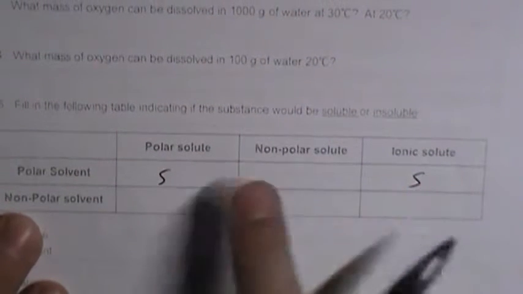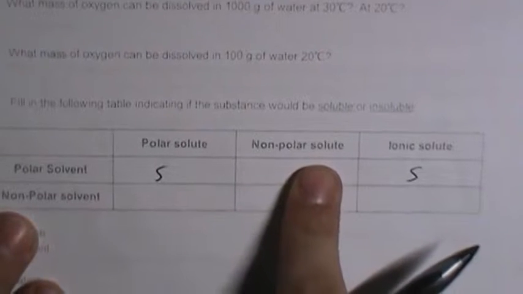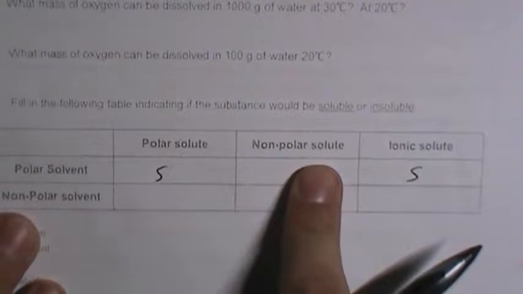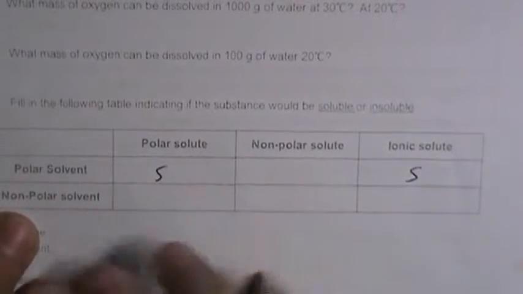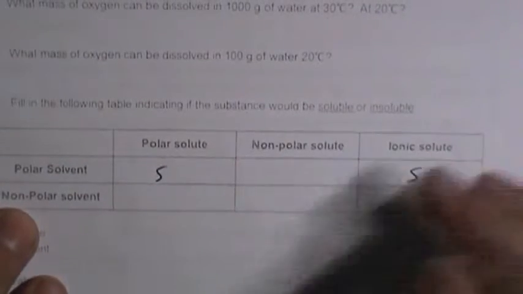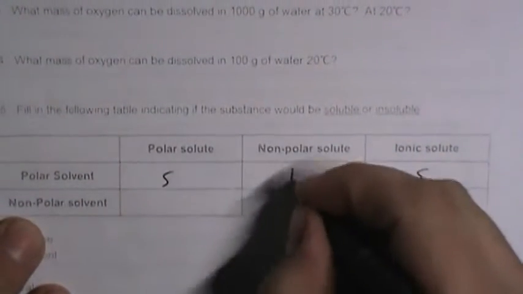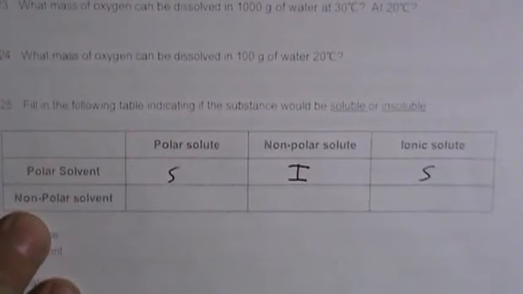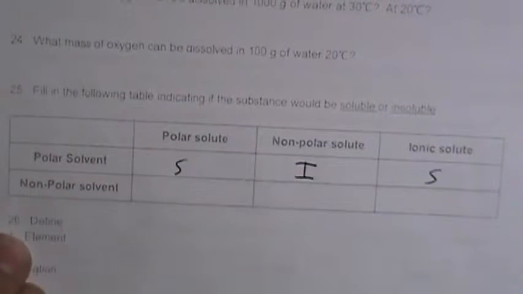So, soluble. The nonpolar solute, which does not exhibit very strong dipole forces, just a little bit of dispersion forces, those temporary dipoles, would be insoluble because it would prefer to associate with itself.